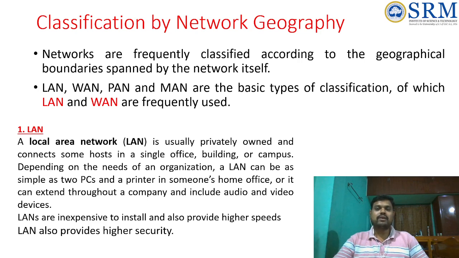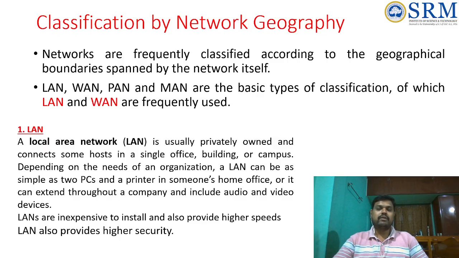If you want to establish a computer network within your room, your building, or your small organization, you can make use of local area networks. It is inexpensive to install, and maintenance is also easy. High speed performance is also possible.